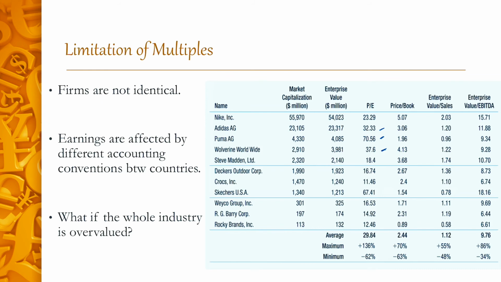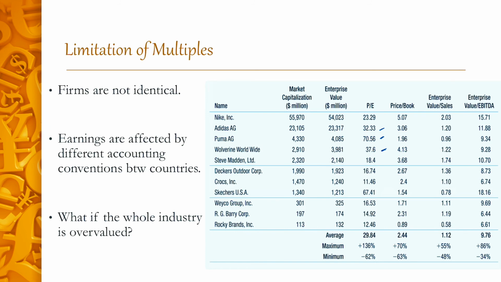Another thing is that we are not directly valuing the cash flows of a firm and calculating the present value of those cash flows. We are valuing companies relative to other public companies.